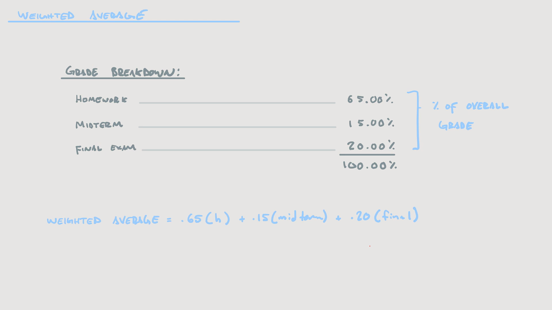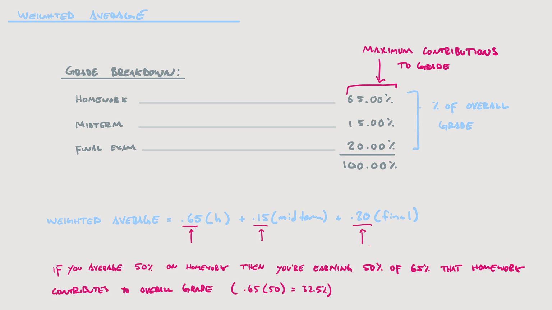So just to really make sure that this whole weighted average thing makes sense, notice that these are maximum contributions to a grade. Homework can at maximum only give you 65% of your total grade. You can't get above that, I guess unless your professor does extra credit or something like that. But those are the maximum contributions that you can earn from any given category, which means that if you average 50% on homework, then you're only earning 50% of the 65% that homework contributes to your overall grade.